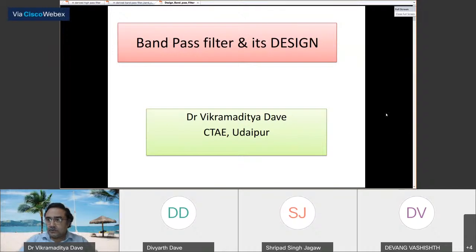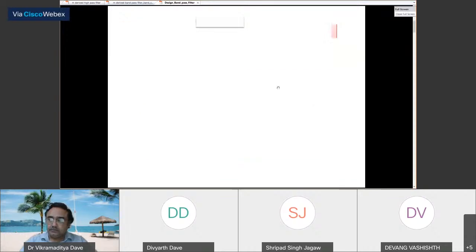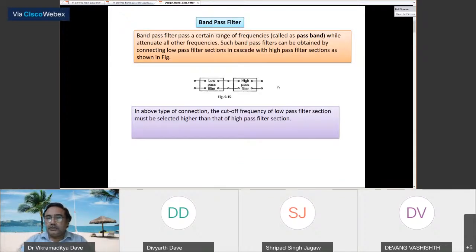So you can see how the low pass filter and high pass filter combine together to form a band pass filter.